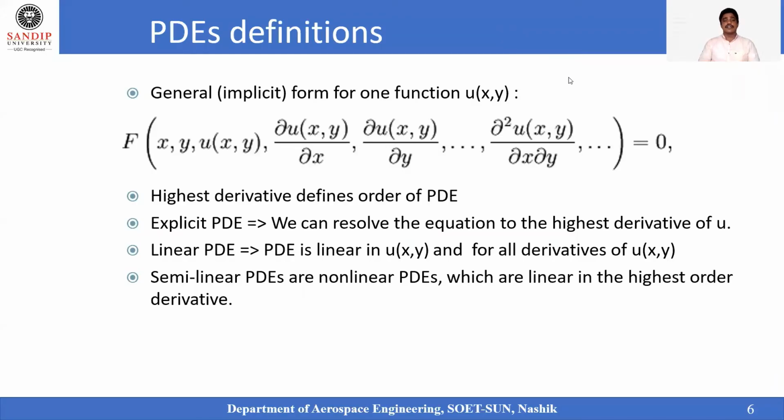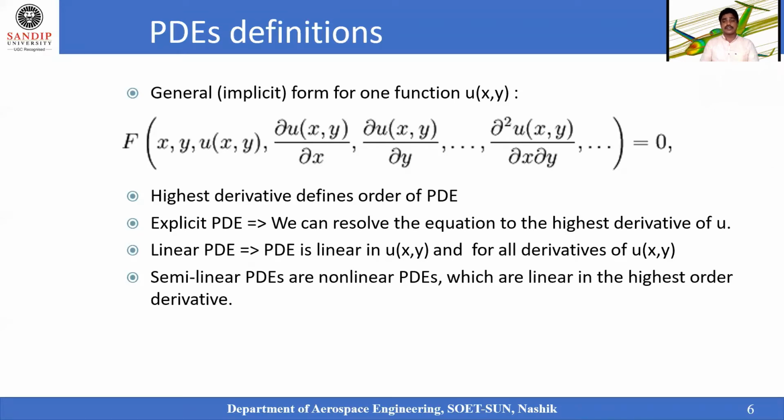As far as PDEs, the partial differential equations, are concerned, they can be linear partial differential equations, explicit partial differential equations, and semi-linear partial differential equations, and in that case they may be non-linear partial differential equations also. The linearity is with respect to the order of the derivative.